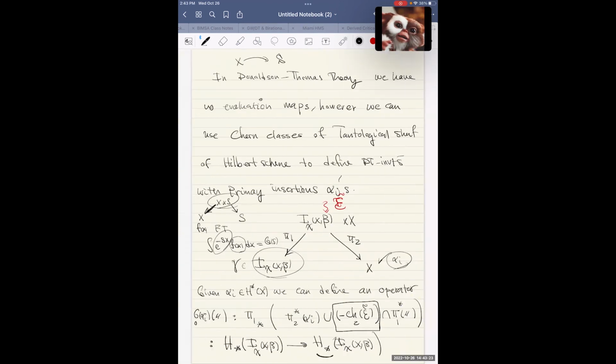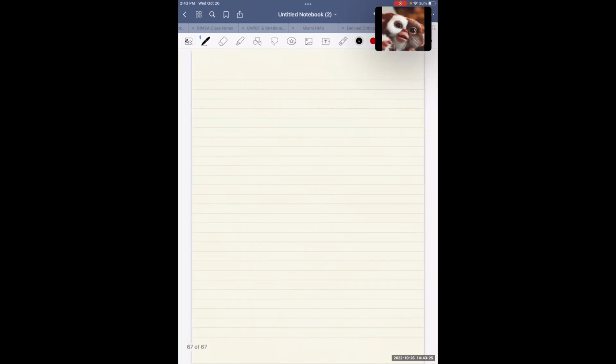So if this is the case, then the primary, what is called primary Donaldson-Thomas invariants, are defined by the following.